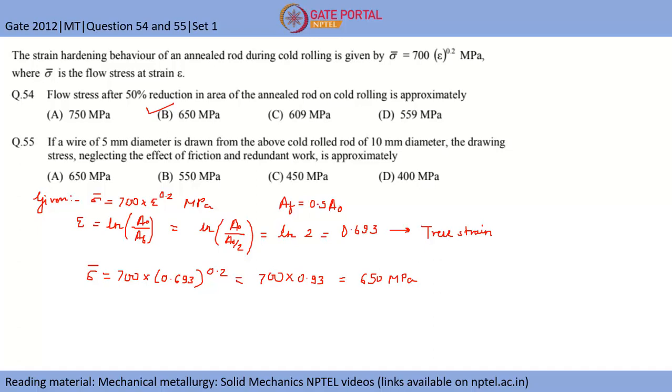Here the wire of 5 mm diameter is drawn from 10 mm diameter wire or rod. So again one hint, you need to calculate the area initial and area final. If you know both these things, you will calculate the true strain of the material. If you know the true strain, you know the flow stress of the material, and if you know the formula of drawing stress, you can easily calculate it.